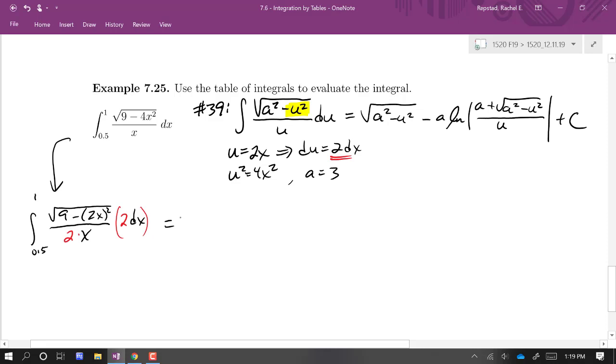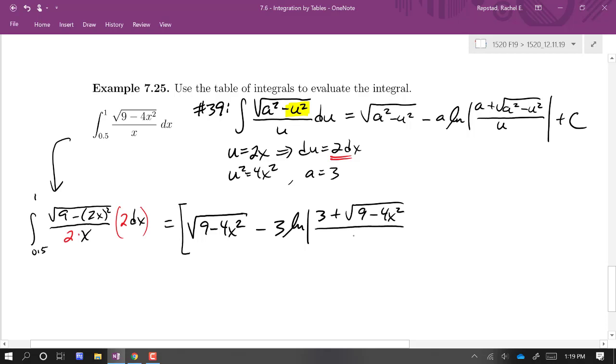And what do we get? Anybody? The square root of 9 minus 4x squared minus 3 ln absolute a plus the square root of, or a is 3, 9 minus 4x squared, all divided by 2x.